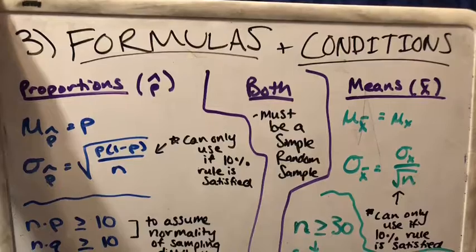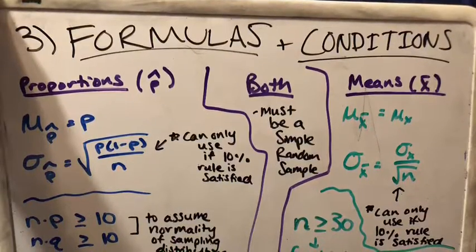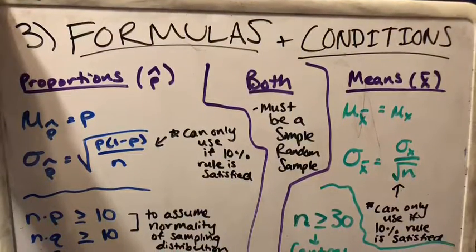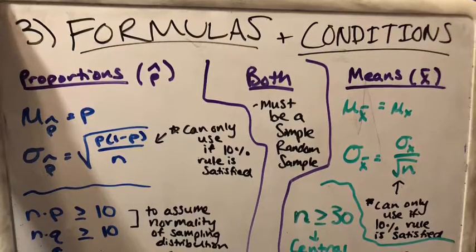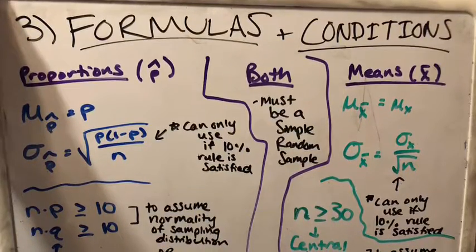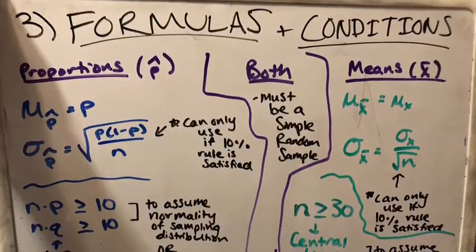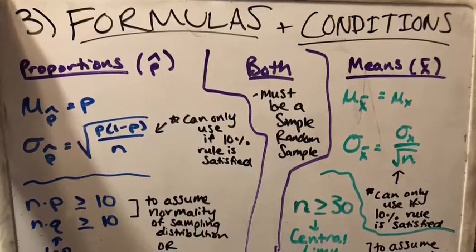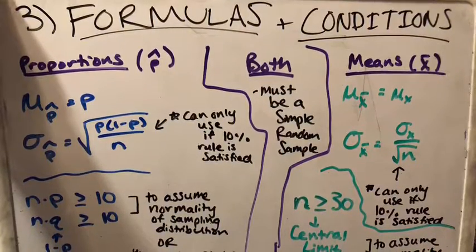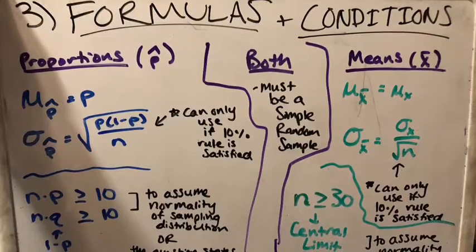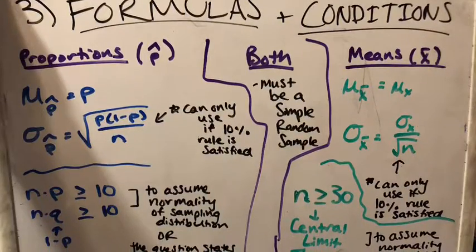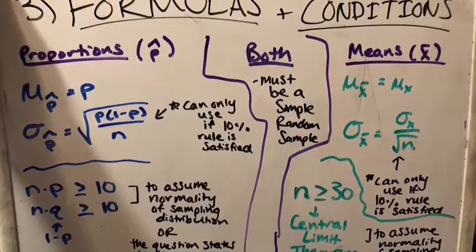Both the sampling distributions of proportions and of means have similarities and differences. First, both have to be simple random samples. Next, to use the standard deviation formula, although different for each one, both have to satisfy the 10% rule.